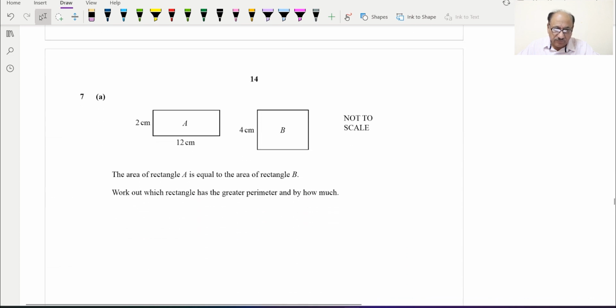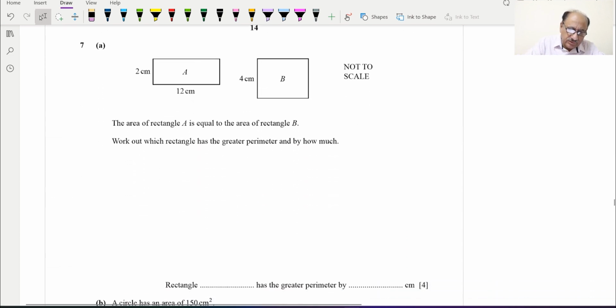Now question number 7, and the question number 7 says a diagram is not to scale. The area of the rectangle A is equal to the area of rectangle B. Work out which rectangle has greater perimeter. So area is equal, so this side we don't have, so we can find this side.